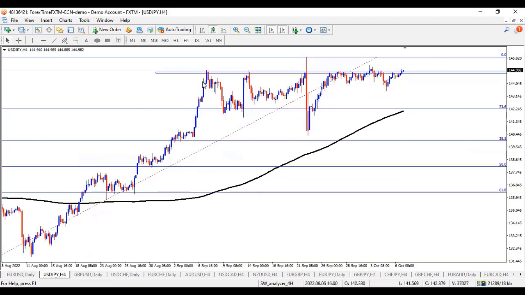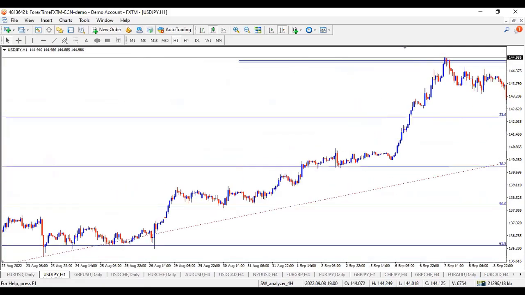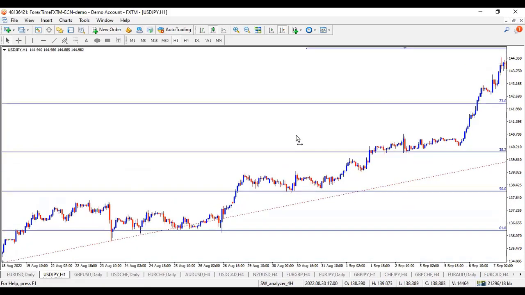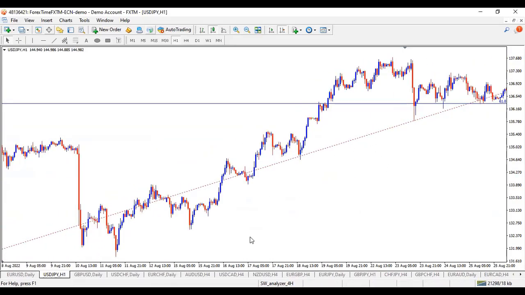Okay, let me check that. So let's look at this. This is USD JPY.